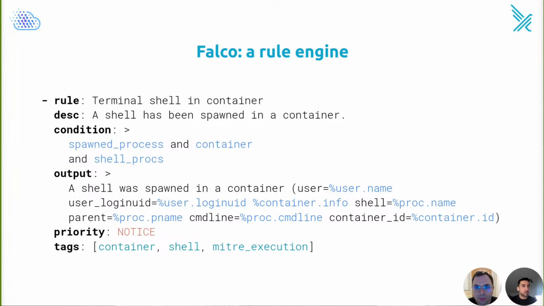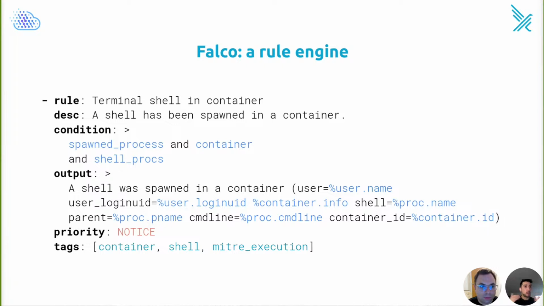Thomas, are these fields specific to Falco? Yes, these fields are specific to Falco. On the falco.org website, in the docs section, you have the list of all fields which are available to create rules and conditions, and you can use them in the output.